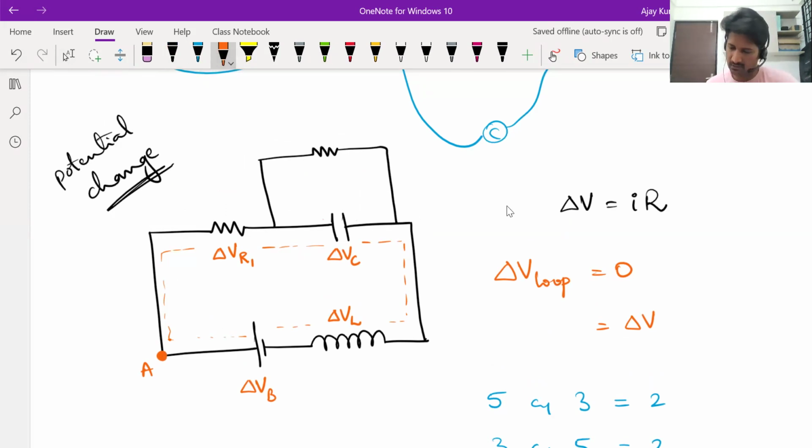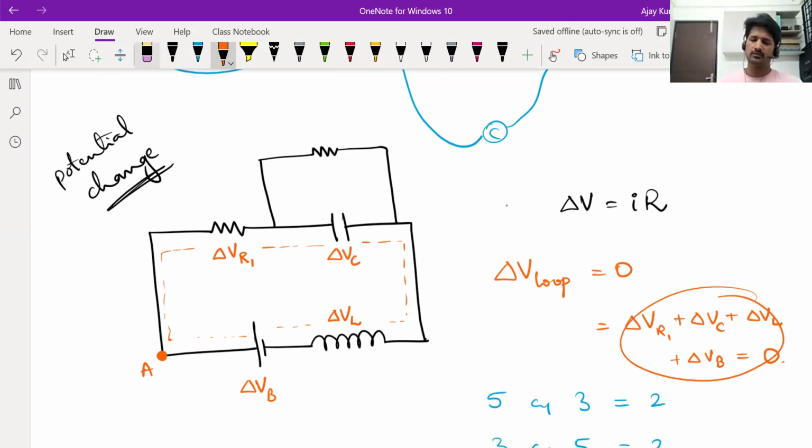So you can say change in potential across the resistance R1 plus change in potential across the capacitor plus change in potential across the inductor plus change in potential across the battery must be zero. Okay. This way we will get some equations which will help us calculate a few things about the circuit, like how much current flows in it, or how much potential difference is there across a capacitor or a resistor, something like that.